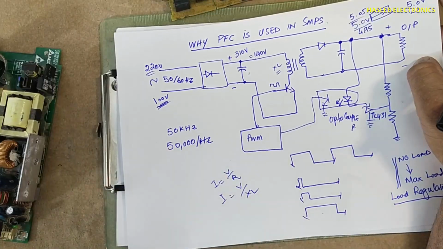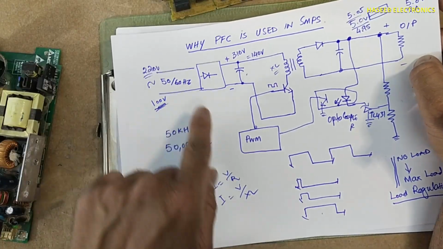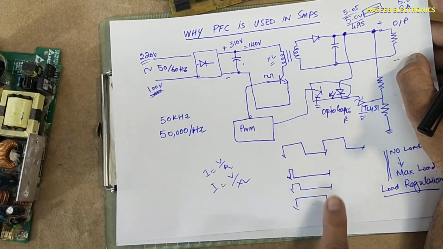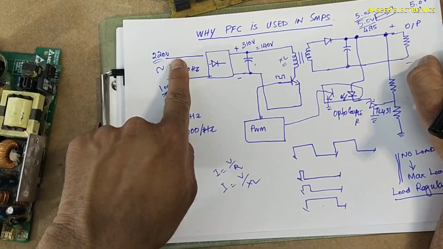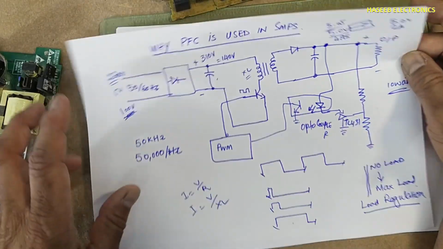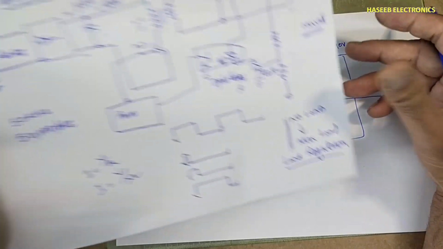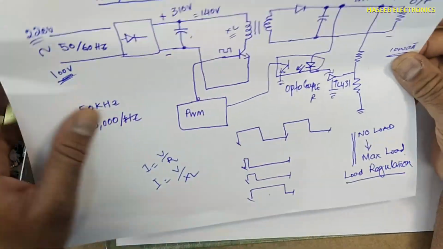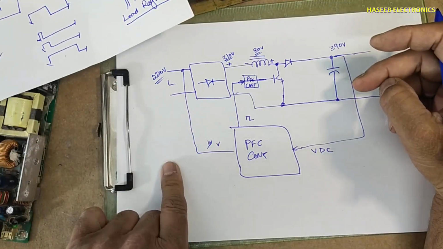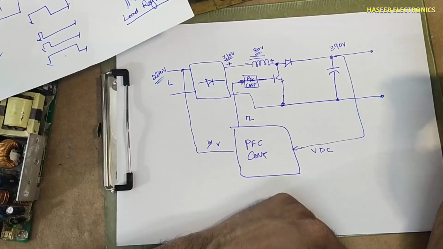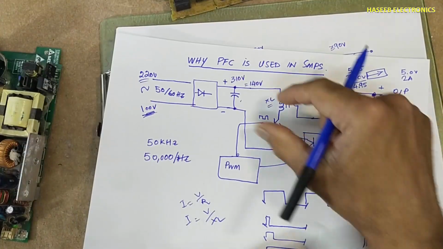If we check this circuit, here this PWM controller was adjusting its duty cycle with line drop or with load drop. But here this PWM controller will become free from line drop because we are providing regulated voltage at this point. That is this area.